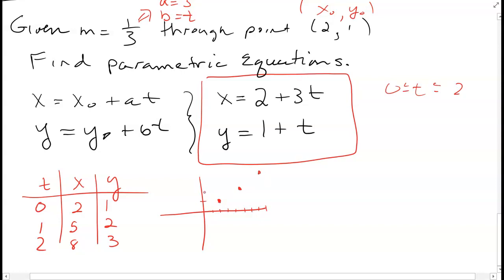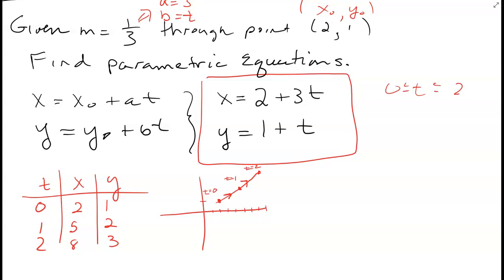Now, don't forget your t. That's t equaling 0, t equaling 1, t equaling 2. So my orientation is like that. All right. So let's try something else, because that is not the only parametric equation.